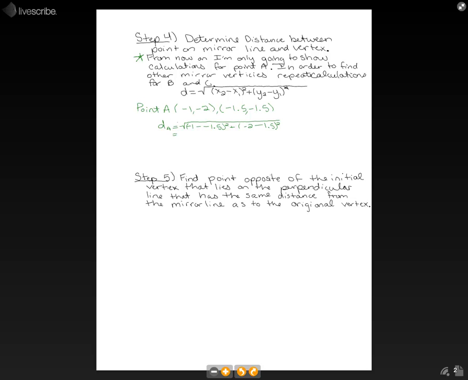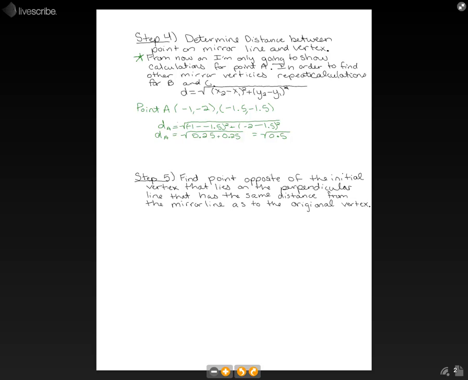Whenever we do that math, we'll see that the distance of line A is going to be equal to the square root of 0.25 plus 0.25, which is just the square root of 0.5.